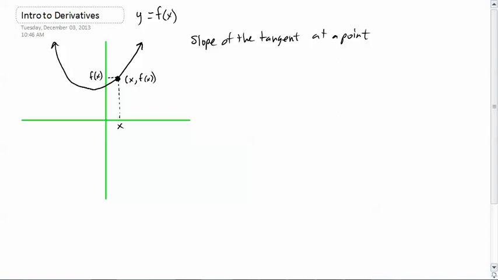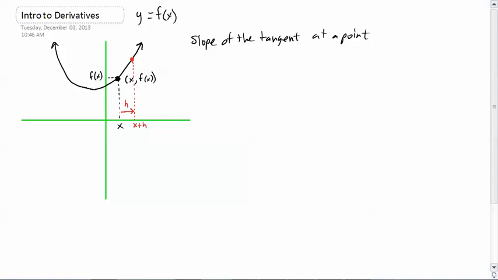So from here, we are now going to choose a second point. Now this second point is at a different x value. It doesn't matter if it's to the right or to the left, but the distance away in the x direction, horizontally, is h. So this is now at x plus h, because here was x and it's h more away.